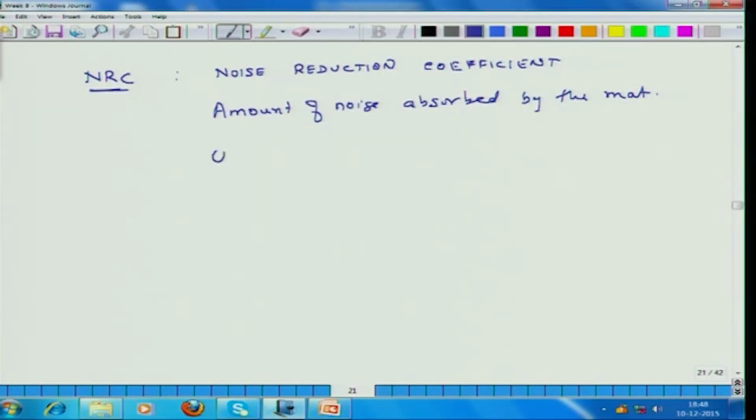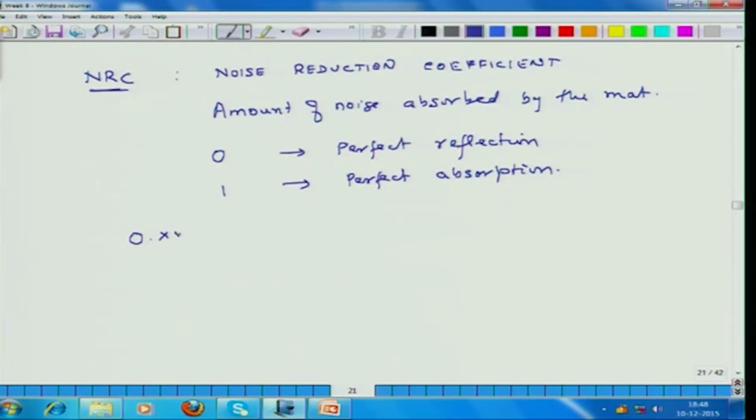When NRC is equal to 0, it is perfect reflection. When NRC is equal to 1, it is perfect absorption. And NRC is in this format.